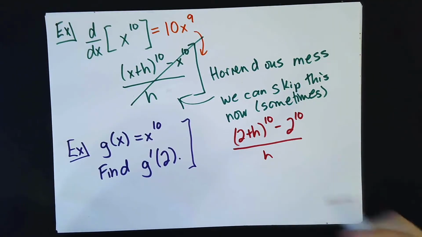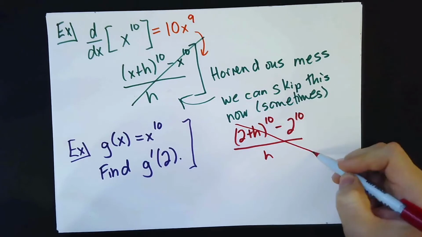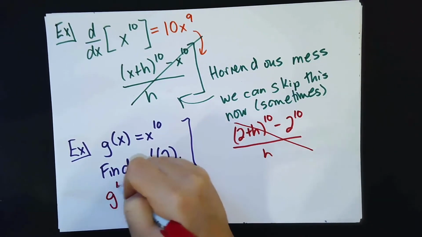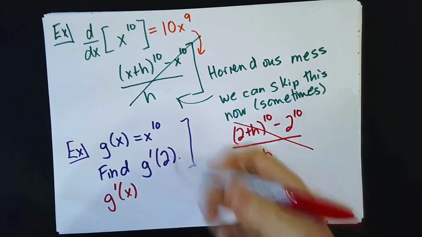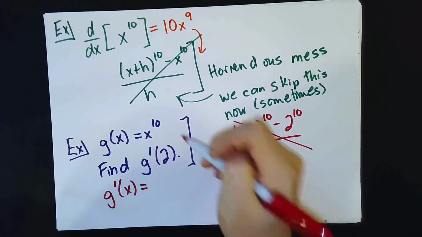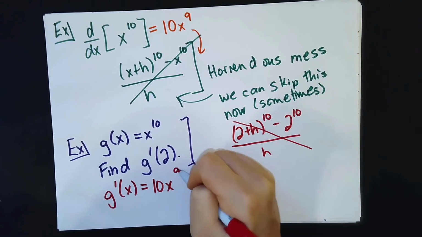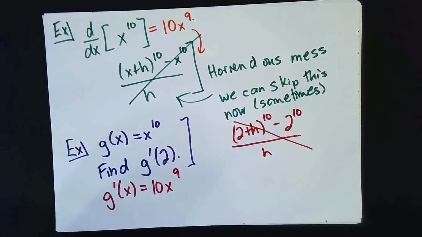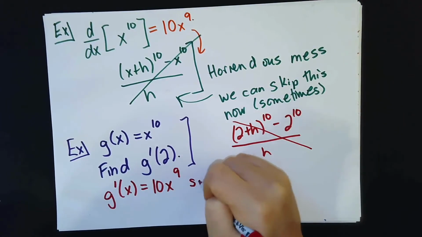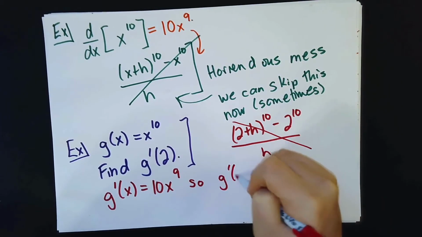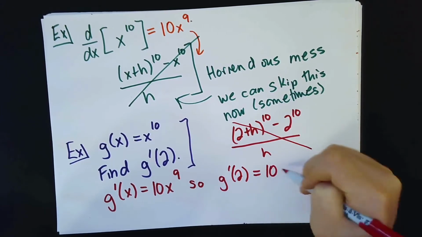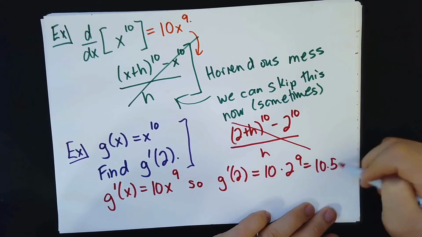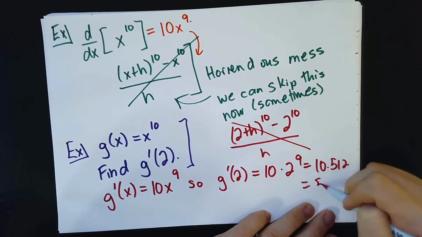But we can now do something smarter than this. Namely, we can now say, okay, I know what g prime of x is. Namely, g prime of x is 10 times x to the 9th. This is just the same thing we wrote up here, but in this notation instead. And so that tells me what g prime of 2 is. It's 10 times 2 to the 9th, which is 10 times 512, which is 5,120.